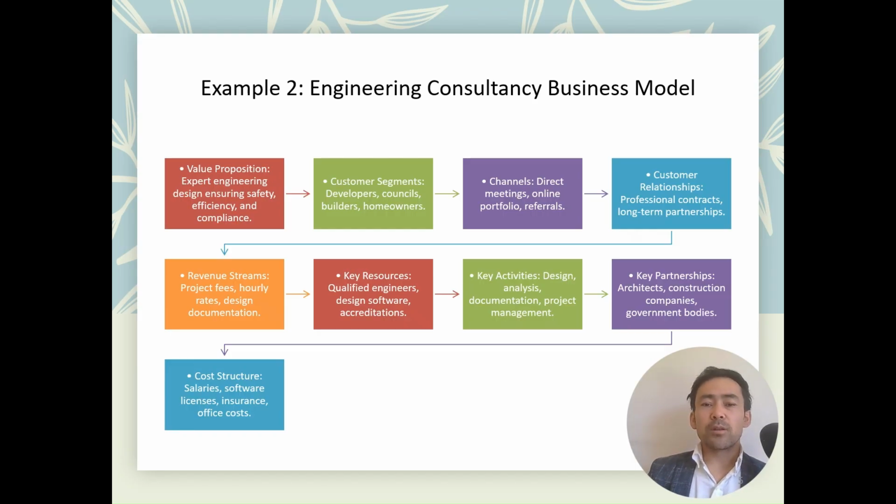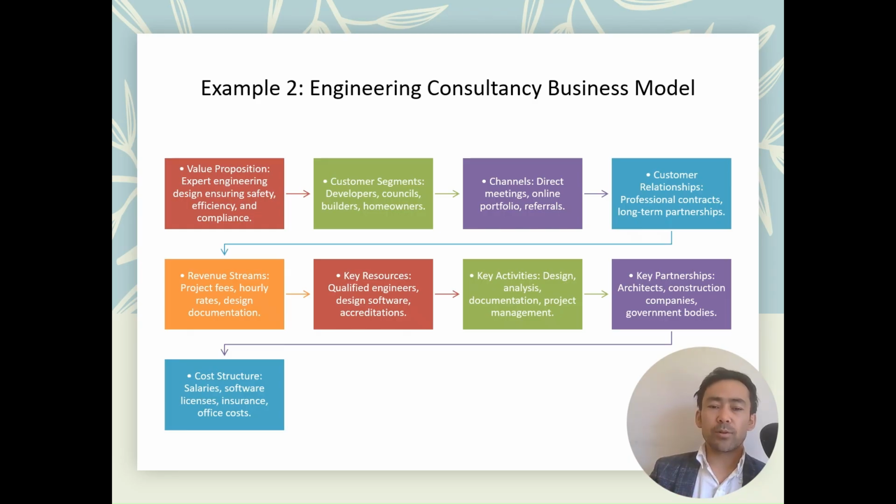The key activities of an engineering business model would be, of course, design, analysis, documentation, project management, surveying, data analysis, and planning. So lots of activities would be involved in this particular engineering consultancy business model.